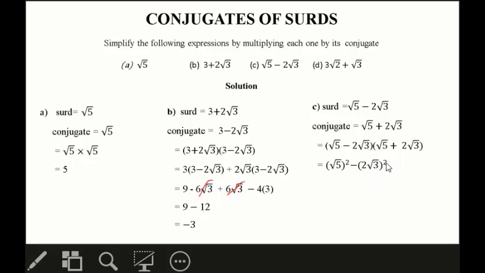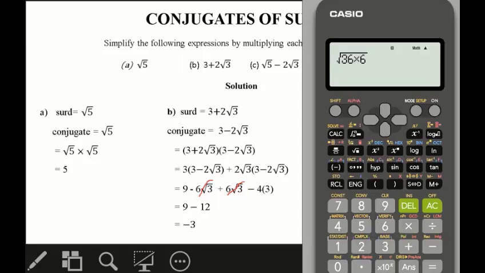then we square it. So the root of 5 all square will give us 5, and for the 2 root 3 all square, just pick your calculator. So we are going to have 2 root of 3 all square.